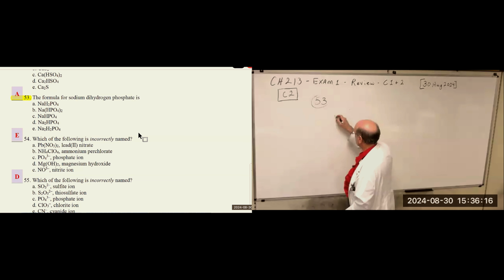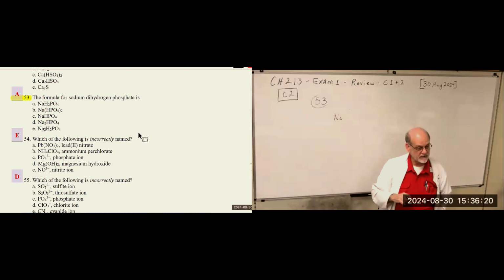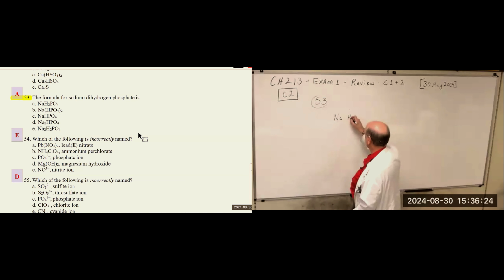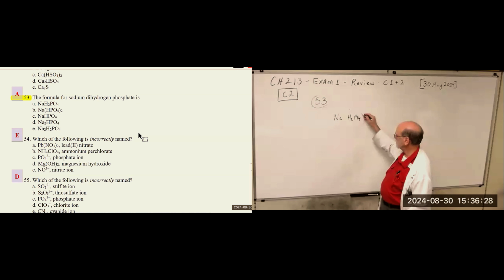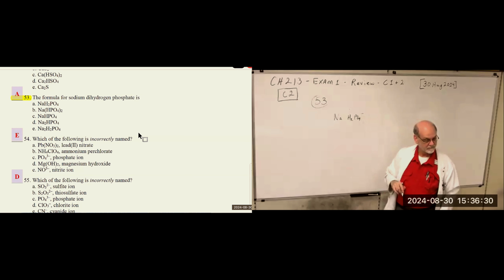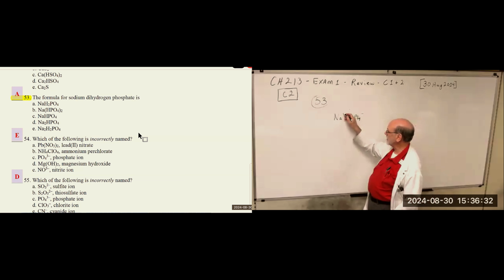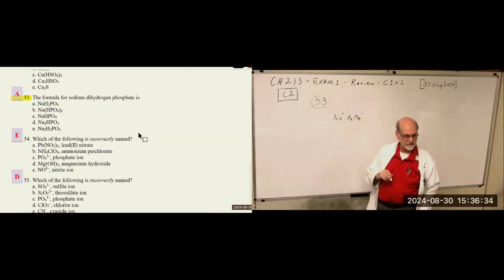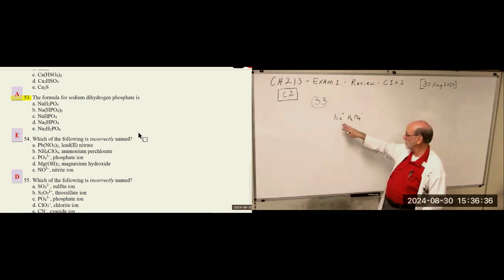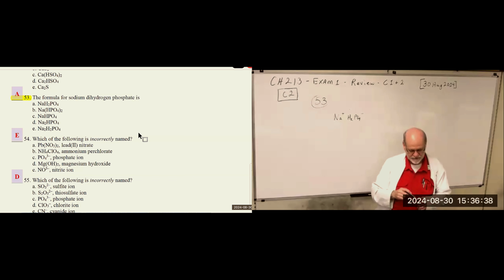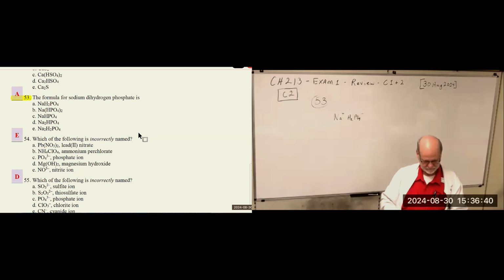Dihydrogen phosphate is a polyatomic ion. We write it like this, dihydrogen phosphate. What's the charge on it? 1-. Sodium is an alkali metal. It's always 1+. That's the formula. 1 sodium, 1 dihydrogen phosphate. A is the correct answer.